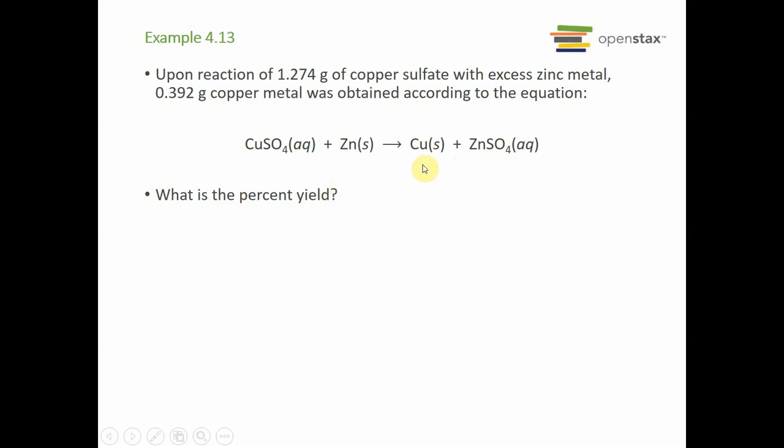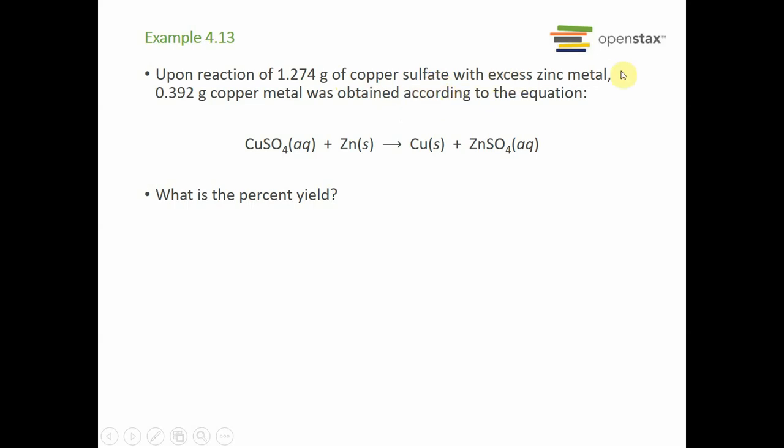So the way this will proceed is that you will begin with the grams of copper sulfate, and you'll divide it by the formula weight of copper sulfate in order to get moles, the currency of chemistry.